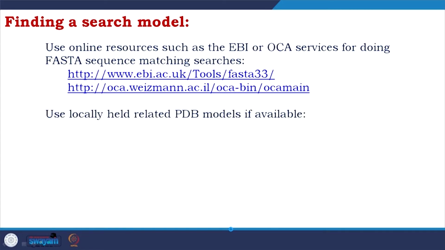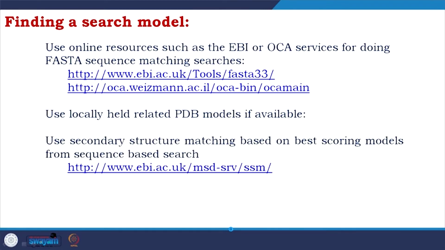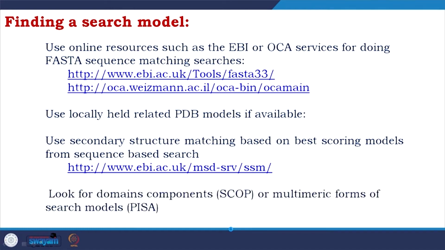Suppose you already solved one of your structures and you are making a mutant; you could use the local PDB to do that. You could also perform secondary structure matching based on best scoring models from sequence based search. Again, I have given the link. You could look for domain components from SCOP or multimeric forms of the search models from PISA.